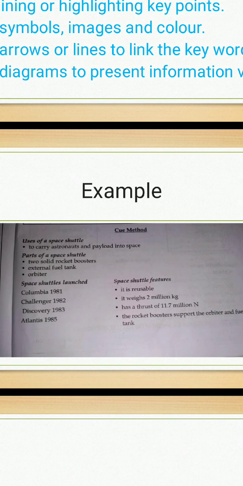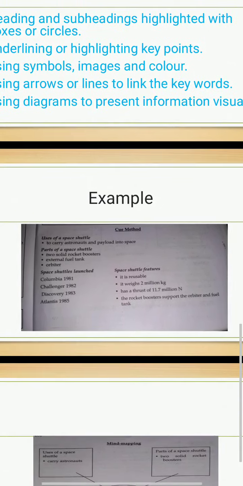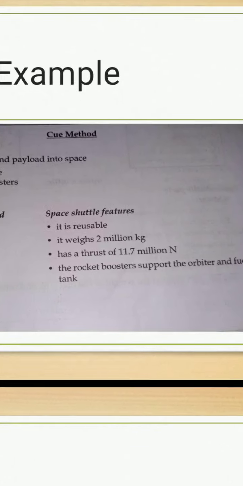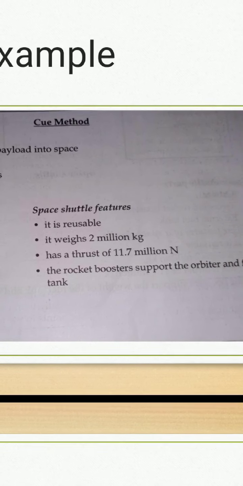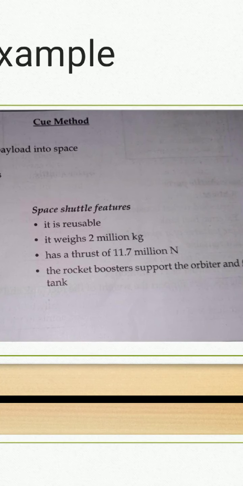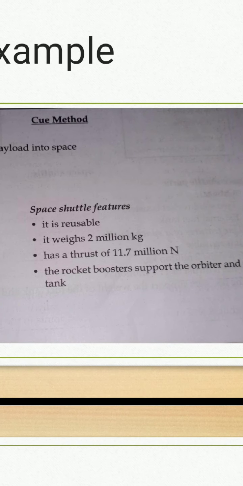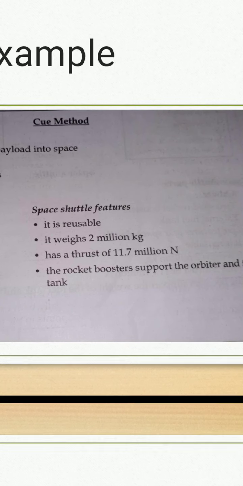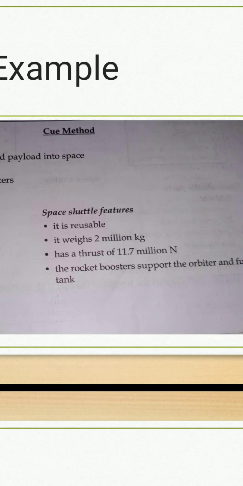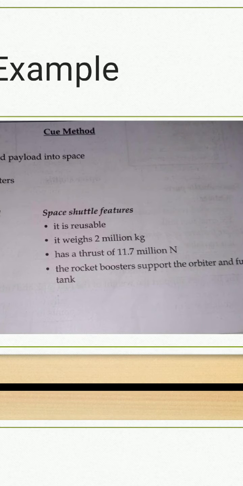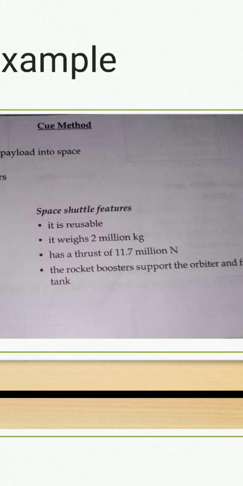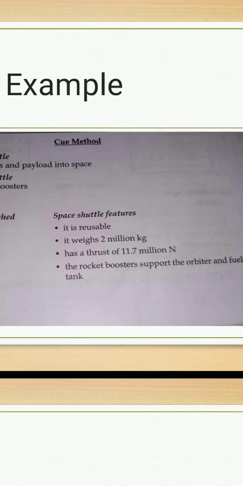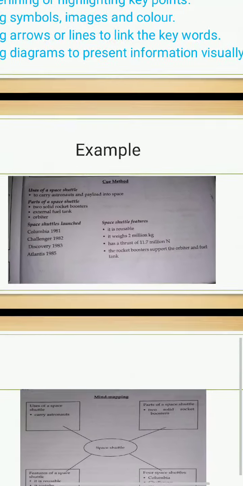The first feature is that it is reusable. The second is that it weighs two million kilograms. The third is that it has a thrust of 11.7 million N. The fourth is the rocket booster supporting the orbiter and fuel tank.